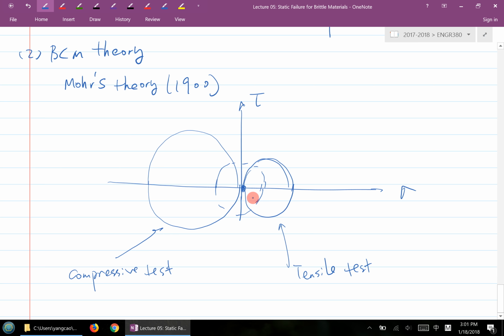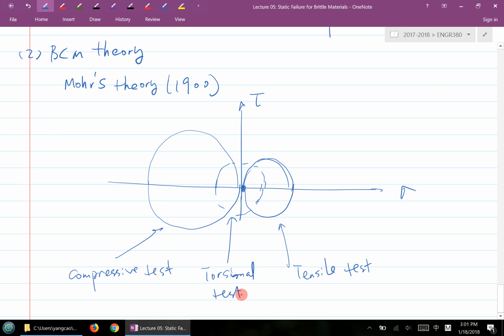If you do a pure shear test, then you get a circle centered around the origin. Those are the three most common types of tests you could do on parts and materials to obtain a certain quantity, or certain strengths, corresponding to that type of test. So, three different tests.